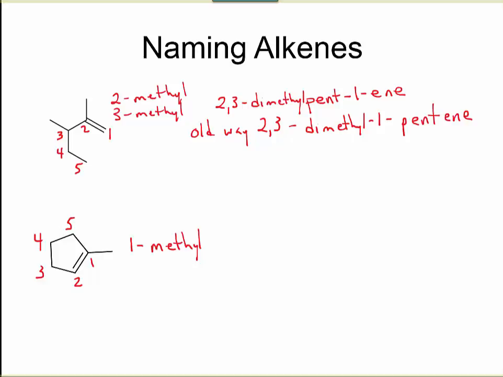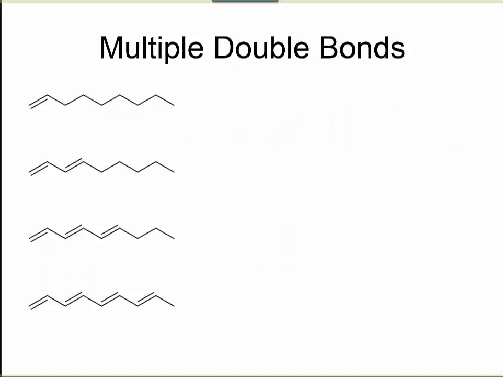But there's nowhere else that the alkene could be, so we don't have to specify the number of the alkene. It's at carbon 1. So this would be 1-methylcyclopentene. When multiple double bonds are present, the suffix changes from ene to diene to triene to tetraene, etc.